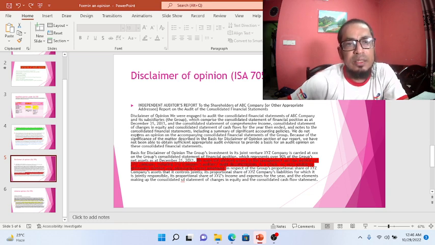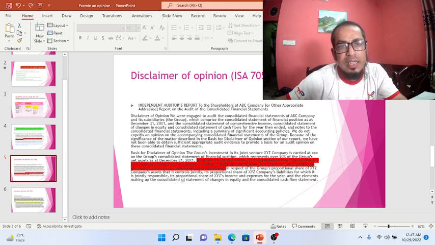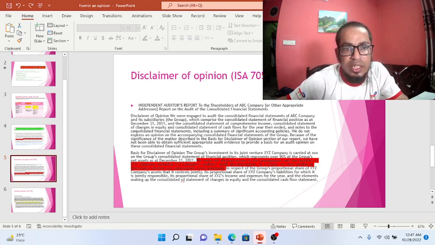Whenever there is a limitation imposed by the management or any other stakeholder, the auditor can issue a disclaimer that they do not express any opinion, that they are refraining from giving an opinion.